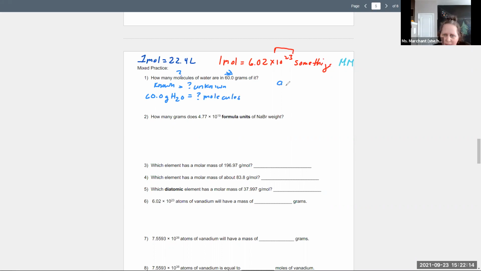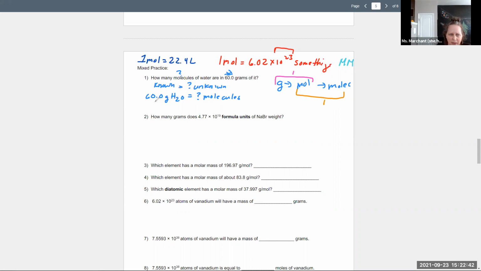So our pathway is going to be grams to molecules. If you don't see moles, it goes in the center. Moles has to be somewhere in this because these are mole conversions. So this guy is going to have a first unit conversion from grams to moles and a second unit conversion from moles to molecules.